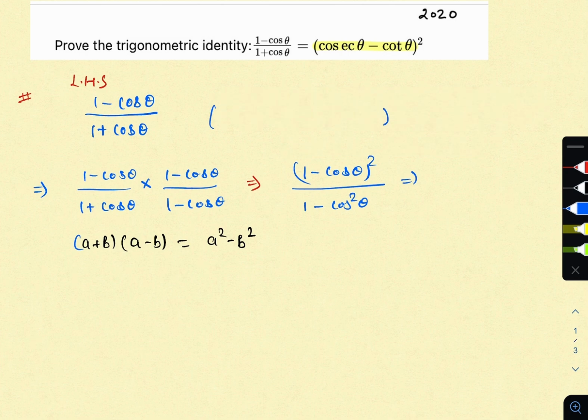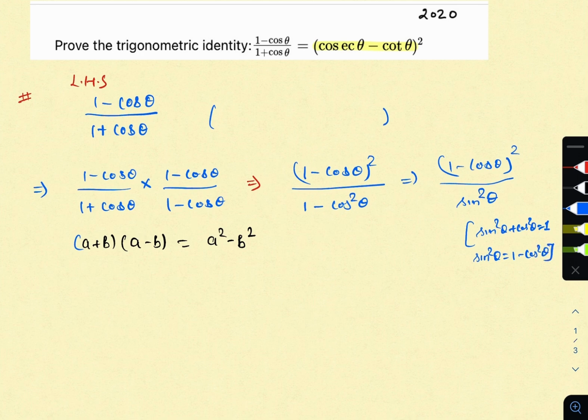So now just write it as it is, (1 minus cos theta) whole square, and in the denominator 1 minus cos theta will be equals to sin square theta. And whenever you are using some identity, in that step only just mention in the bracket that sin square theta plus cos square theta is equals to 1, and from here itself we will be getting sin square theta is equals to 1 minus cos square theta.